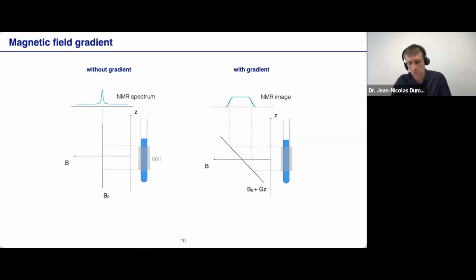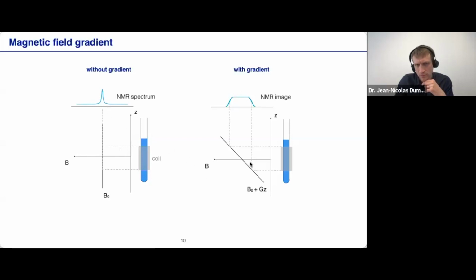This has been well characterized in magnetic resonance for decades now, and it finds interesting applications in this case. So in the spirit of a tutorial, I will start by reminding ourselves what it consists of to apply a magnetic field gradient in NMR spectroscopy. We usually make efforts such that the magnetic field is as homogeneous as possible over the sample volume so that we have narrow peaks in the NMR spectrum.